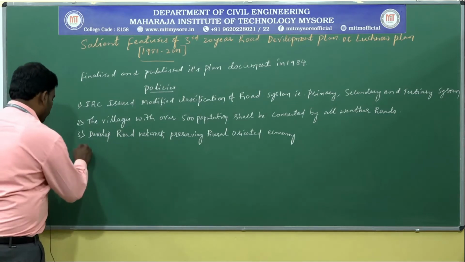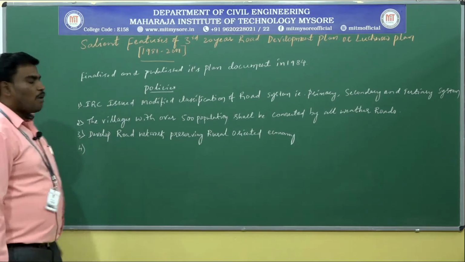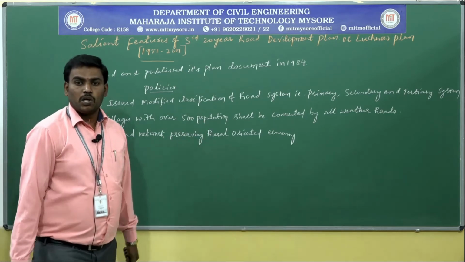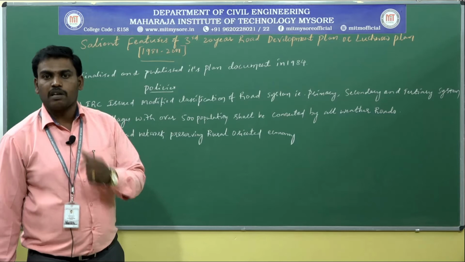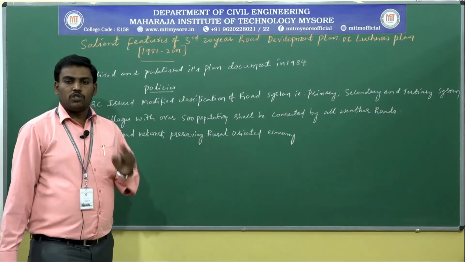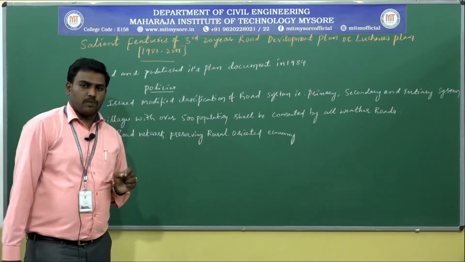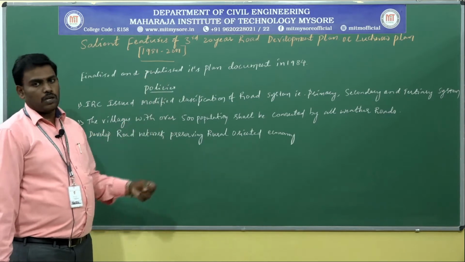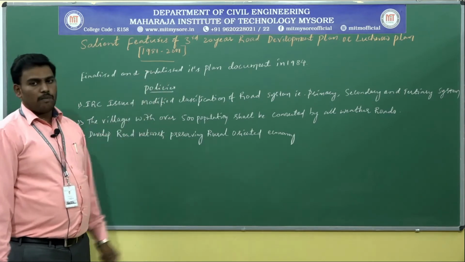Next, the fourth one: the overall density of roads shall be increased to 82 km per 100 square kilometer of area. Means for every 100 square kilometer of area, there should be 82 km of road network. Okay, that is the density of road in the third 20-year road development plan.